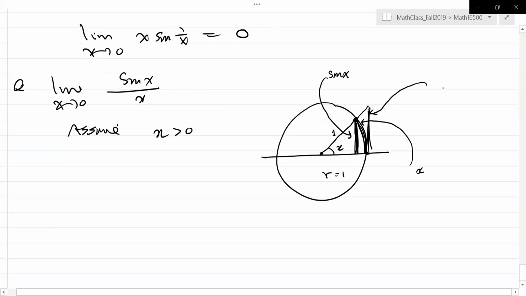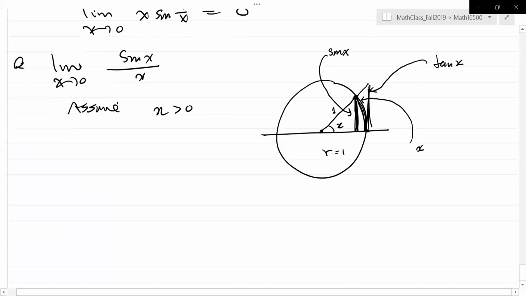Then the vertical side on the right-hand side is tangent x. x can be viewed as an angle, and also as the arc length of that piece on the unit circle. So clearly, the arc length x is between sine x and tangent x.